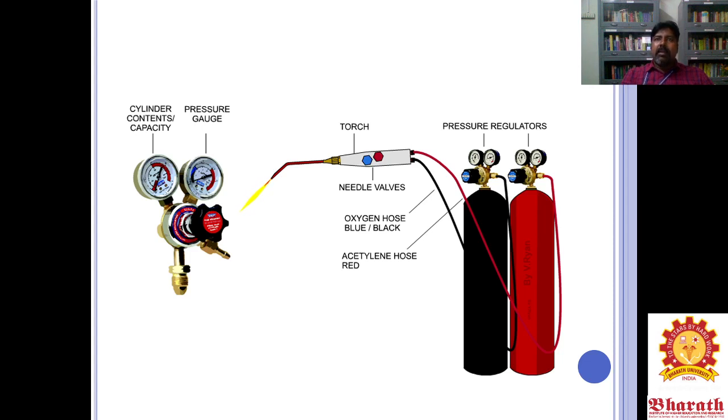Another thing, it is of two types depending upon the supply for welding. One is the high pressure welding system and the other is the low pressure system. Generally, for the high pressure system, 0.1 to 3.5 bar, we can use it, and low pressure means 0.5 to 3.5 bar, we can use.